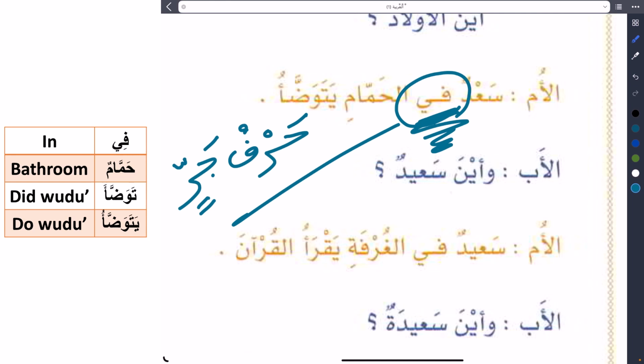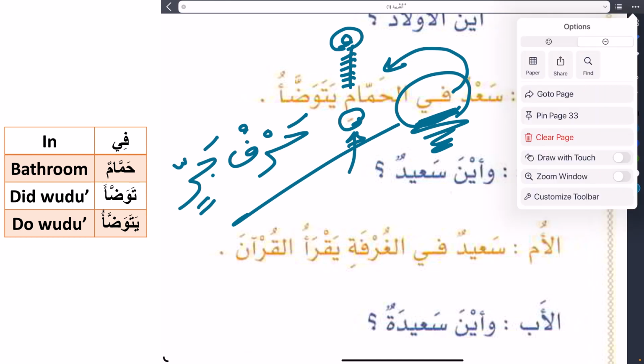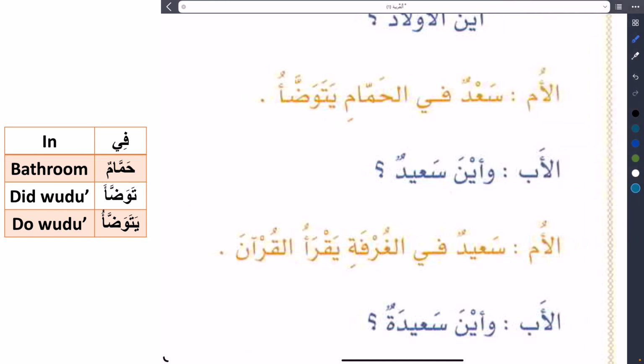Prepositions in Arabic affect the next word and change the last letter from dhamma to kasra. That means in Arabic, nouns normally have dhamma at the last letter, but if there is a preposition before the noun, we put kasra on the last letter instead of the normal dhamma.